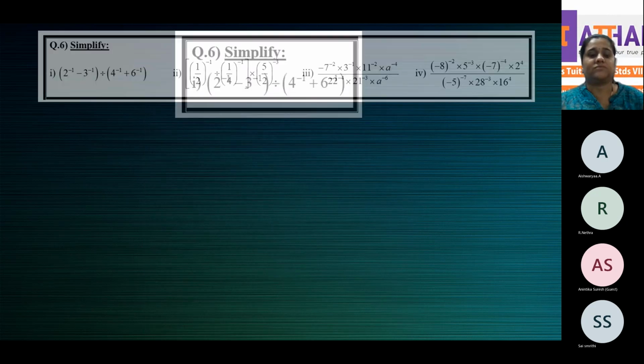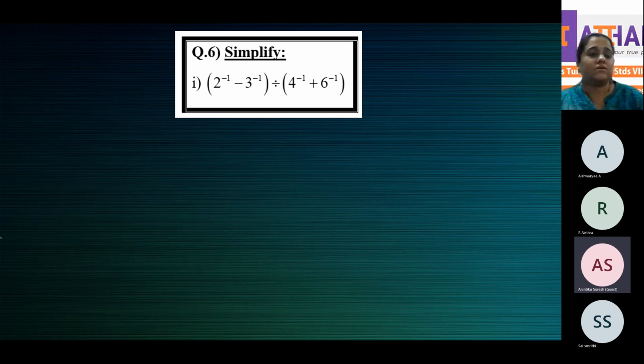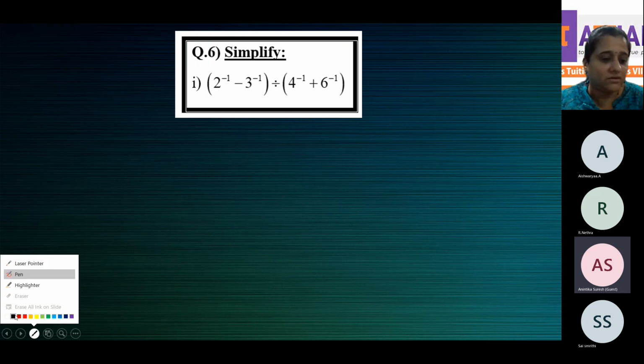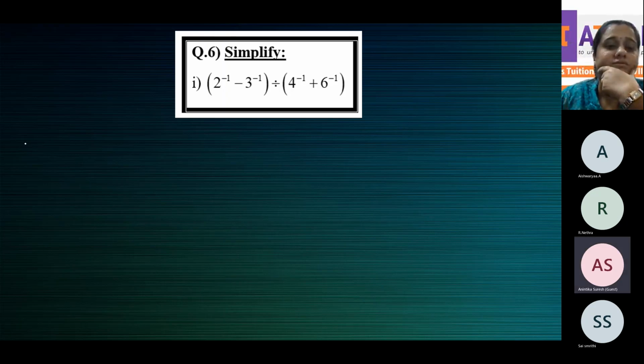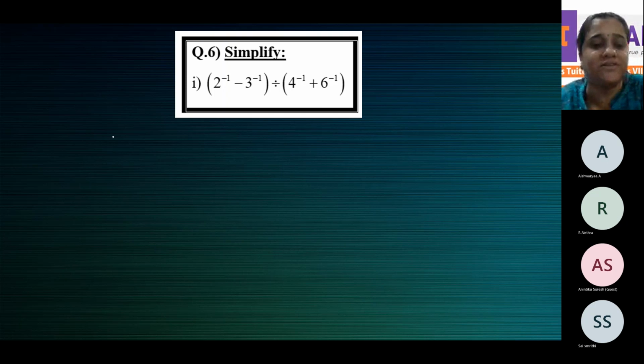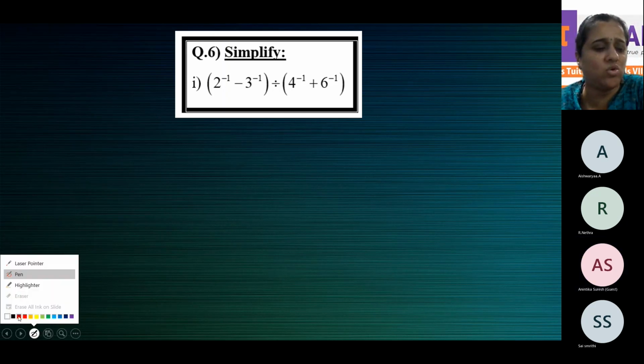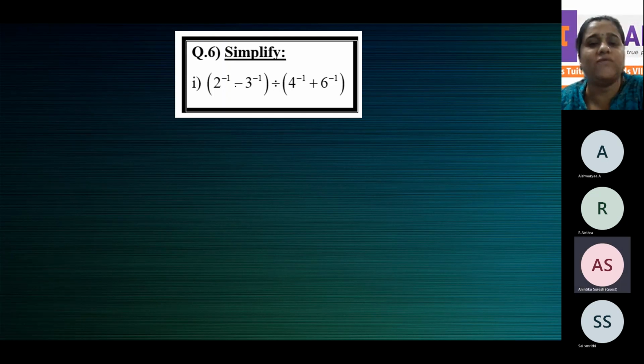Yeah, we'll do this one. We have to attempt this question on our own. No. Tell me now. We're doing it together now. So here the connecting signs are plus and minus. So there is no rule. Don't think of any rule, because the connecting sign is minus and plus.